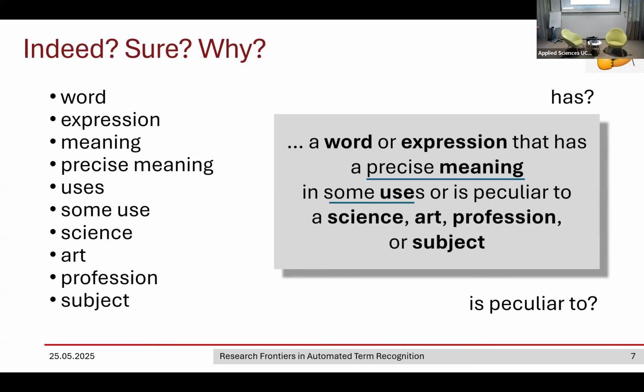Just to make it a little bit easier, I extracted some phrases or some expressions. These are word, expression, meaning, precise meaning, uses, some use, science, art, profession, subject. I'm also looking at has. I'm also looking at speculative. Are those terms? Indeed. Why could one think those are terms?